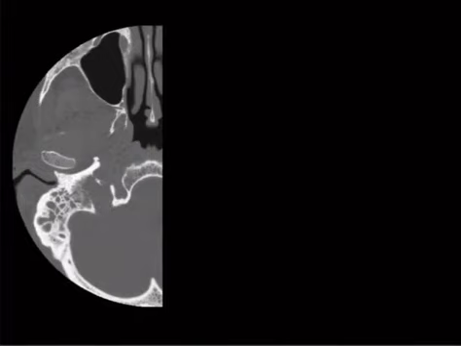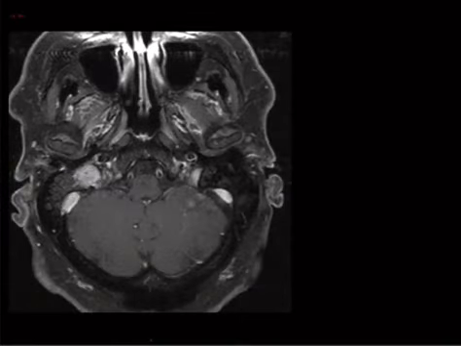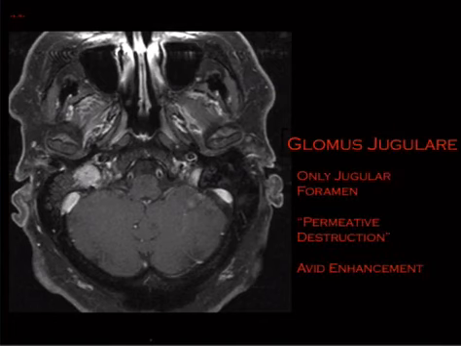All right, and now as opposed to this one, this is at the level of the jugular, right? And you can see that there's bony destruction and so forth. All this stuff is abnormal, this thing here eaten out. And if we looked at it on MR, it's enhancing. All these things are super vascular. You can treat them by embolizing them. This is the glomus jugulare.